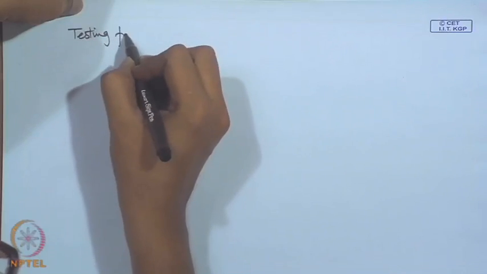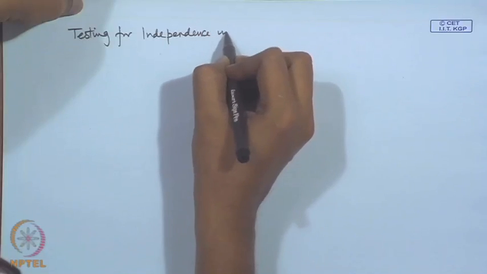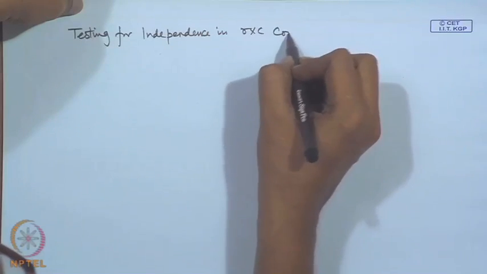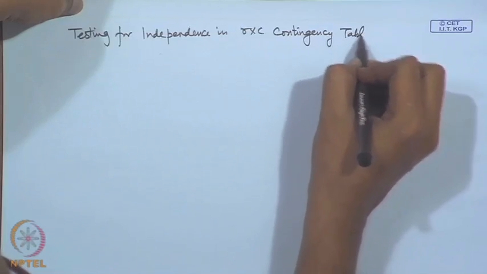You need to look at the tables, and moreover it is a discrete distribution, therefore, randomization will be required to get the exact level of significance there. However, if we consider the large sample test, actually it is a chi-square test. Let me give this: testing for independence in R by C contingency tables.